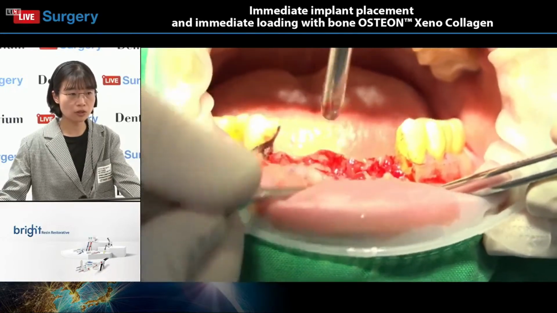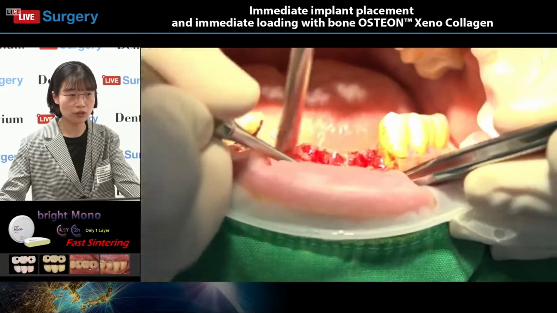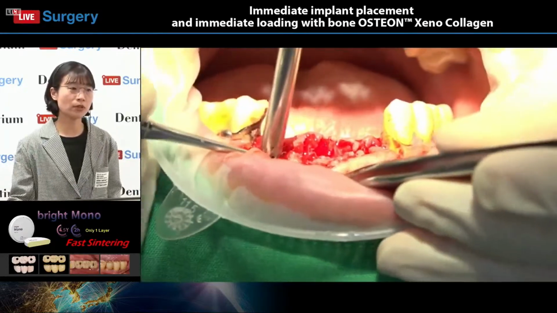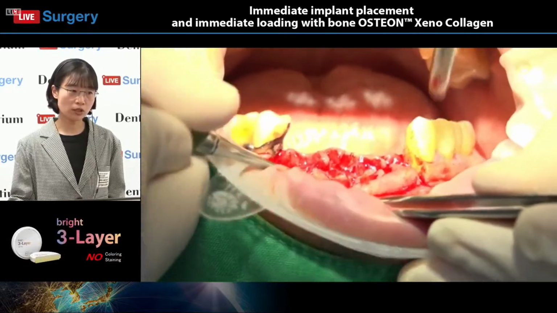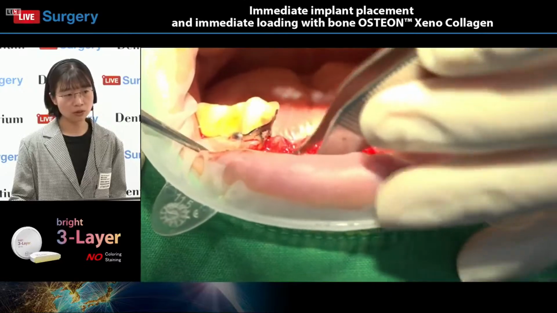So we can see the loose granulation tissue is sucked away with suction pressure. And now he is trying to separate the gingival flap from the granulation tissue and also the buccal bone.